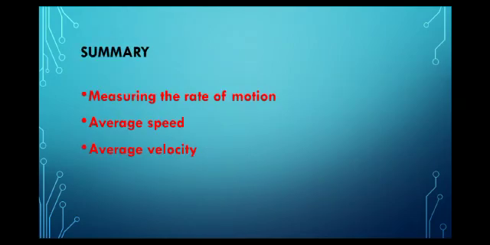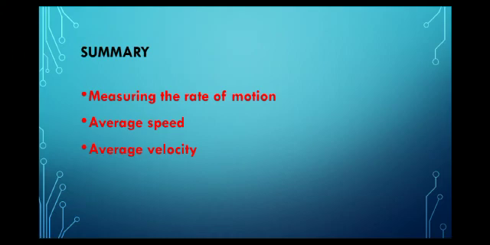So today what we learned? The first one is measuring the rate of motion. Measuring the rate of motion of an object is to find out the distance travelled by the object in unit time. The next one is average speed.